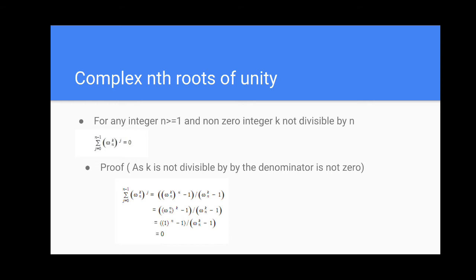When we reduce this by just changing the powers, it can be written as omega n to the power of n to the power of k minus 1 divided by omega n to the power of k minus 1. So the numerator reduces to 1 to the power of k minus 1, which is nothing but 0. Hence the proof.